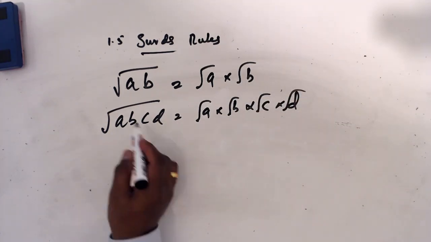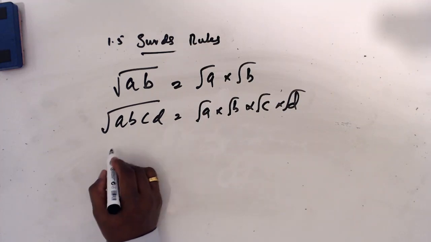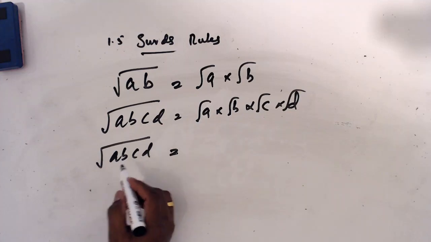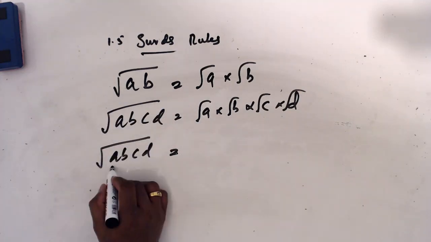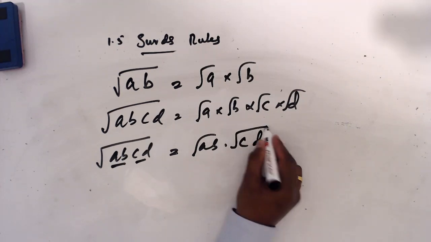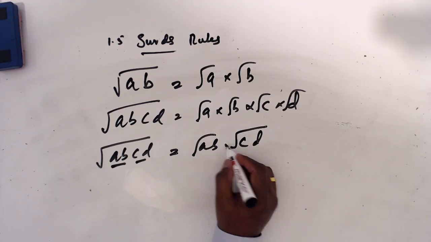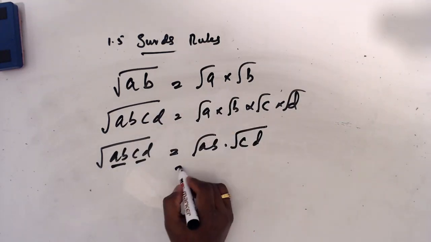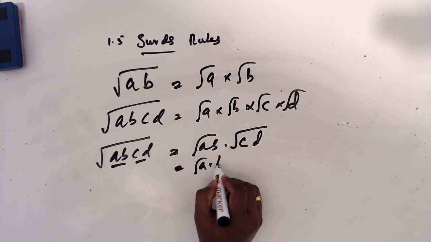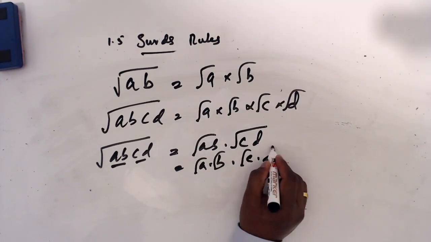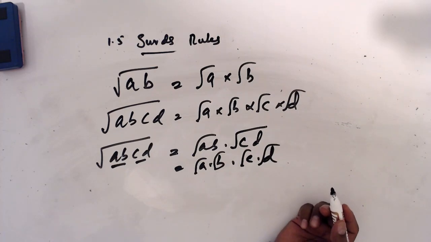I can show you from here. A, B, C, D. I will apply this rule two times. So square root AB times square root CD, and then again I apply the same rule to each, so as a result, square root A times square root B times square root C times square root D.